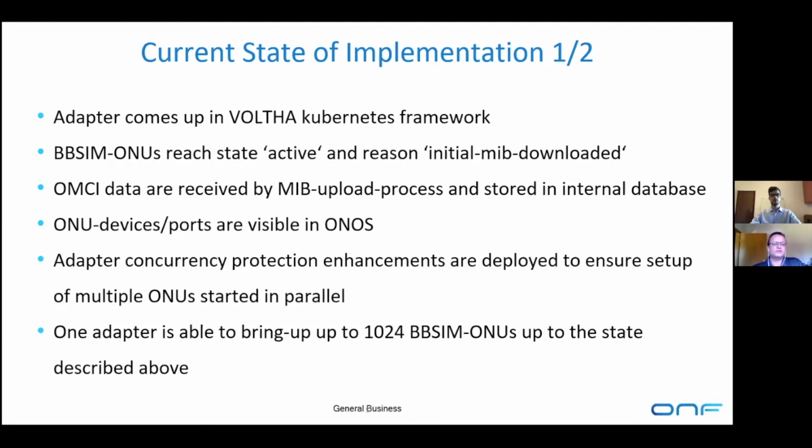The ONU devices and ports are visible in ONOS. The adapter concurrency protection enhancements are deployed to ensure setup of multiple ONUs started in parallel. And the most important point here is that one adapter is able to bring up to 1024 BBSIM ONUs up to the state described above.